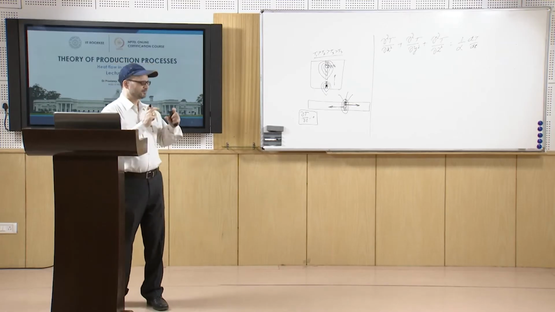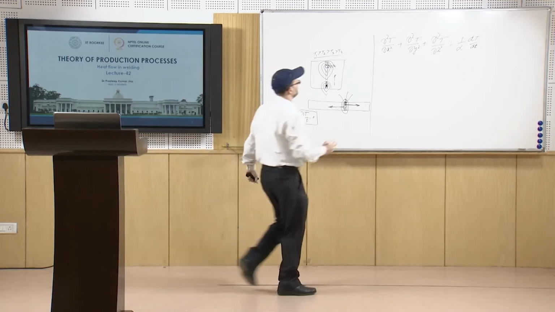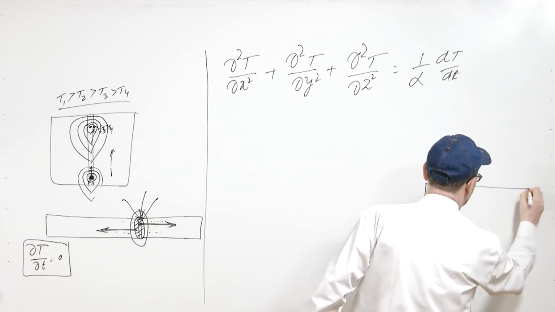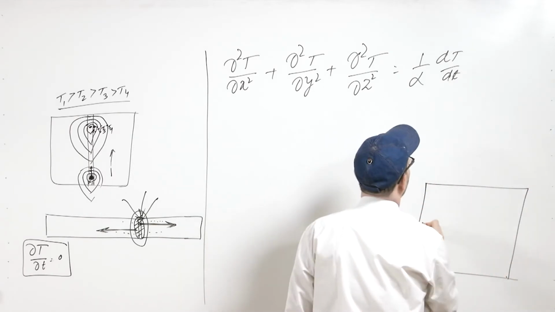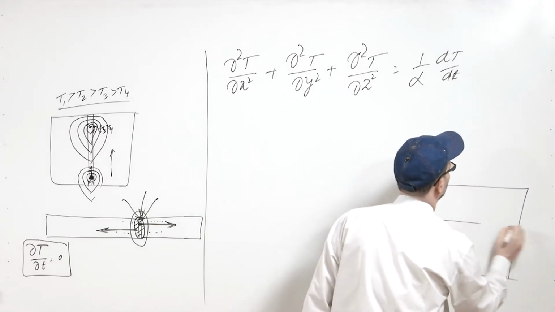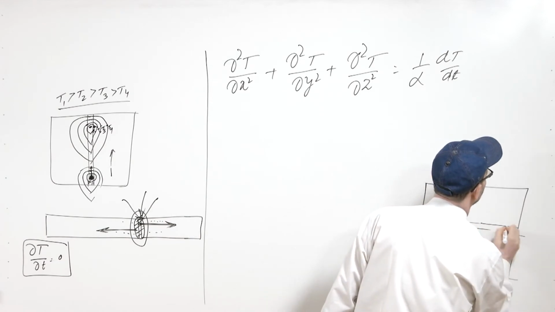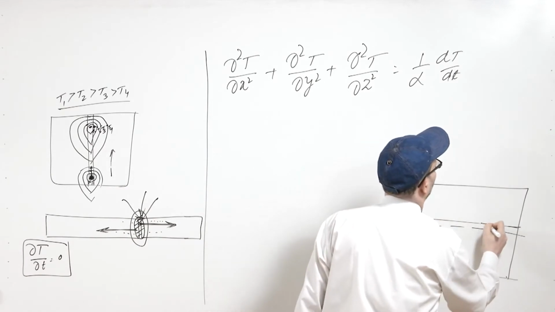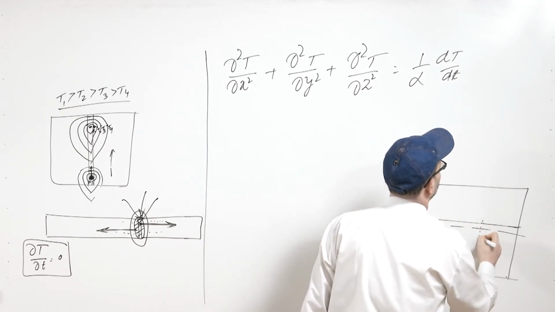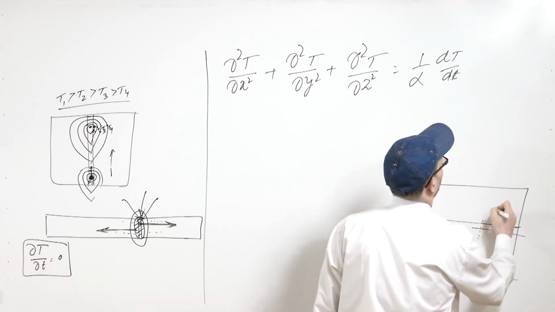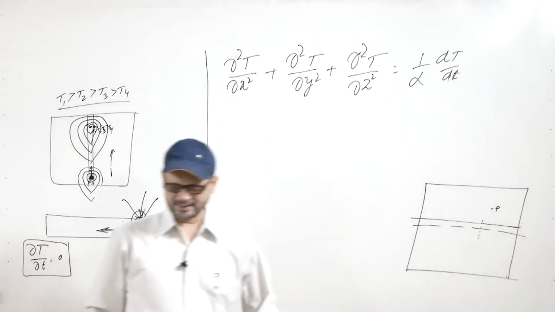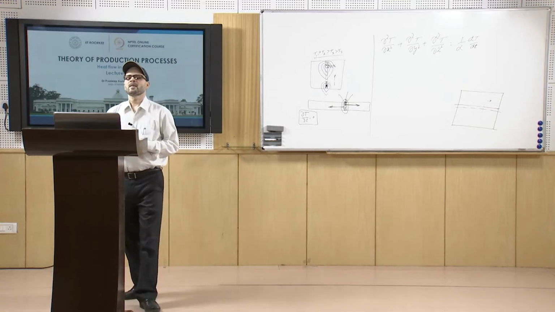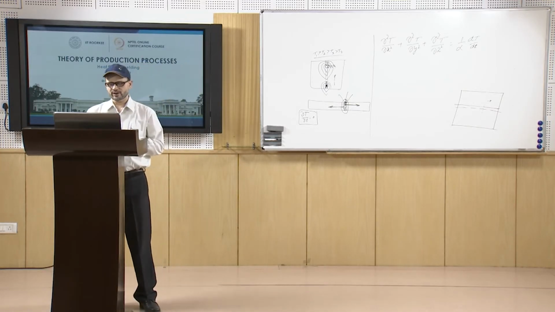Now, the thing is that if you have such a plate, and if your weld bead is like this, suppose you are at some distance x, and you have any point P. Now, your source is moving with velocity v.